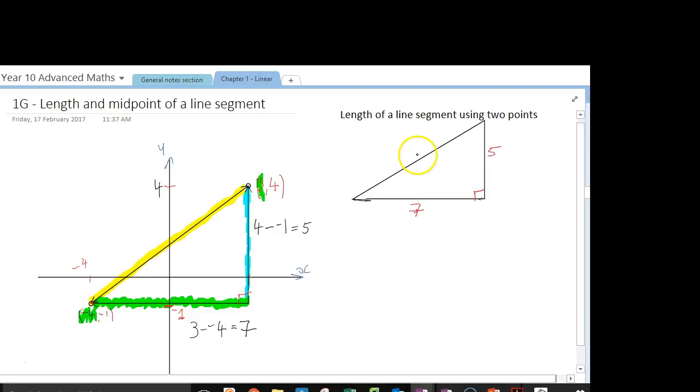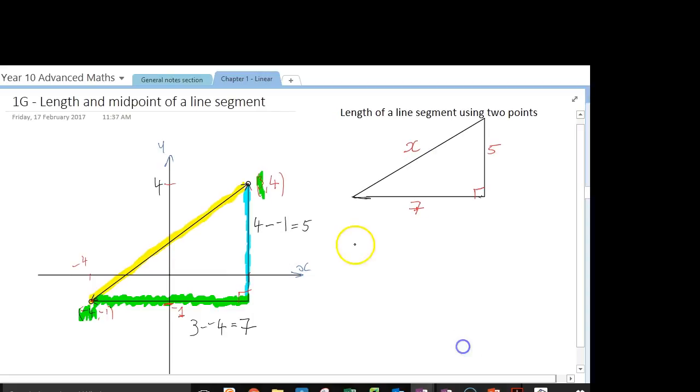We might call it H or X or C, it doesn't matter, as long as this is known as the hypotenuse. Pythagoras' theorem says that x squared, in this case, is equal to 7 squared plus 5 squared. Hopefully this rings a bell, as c squared equals a squared plus b squared from last year. We are going to solve for x to find the length between those two points.